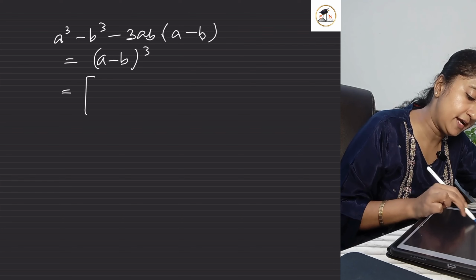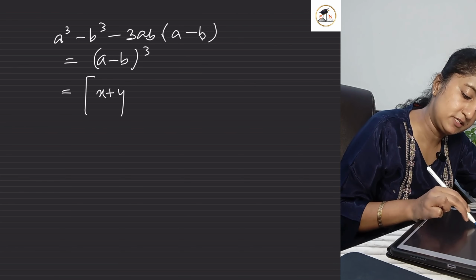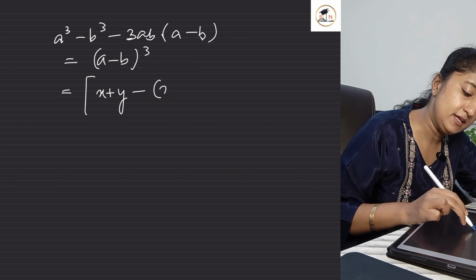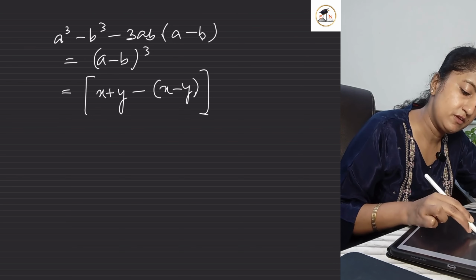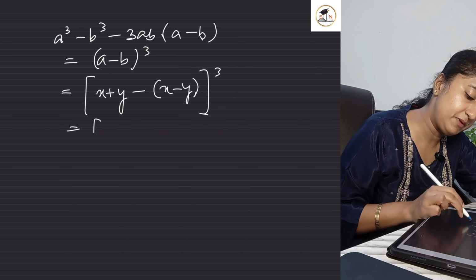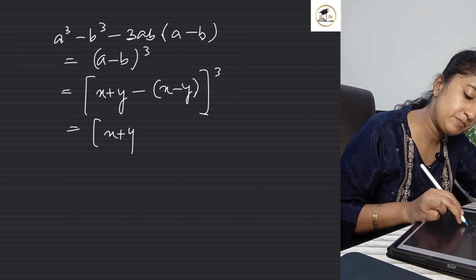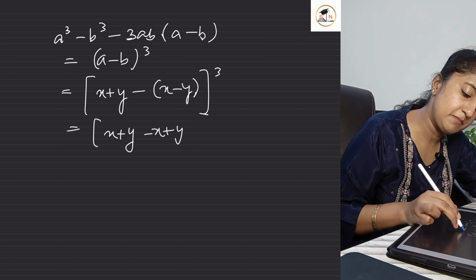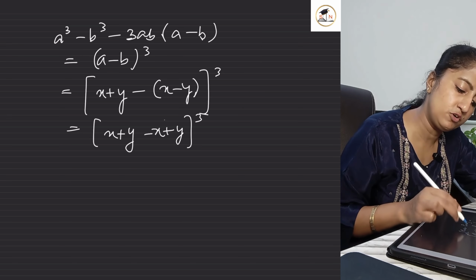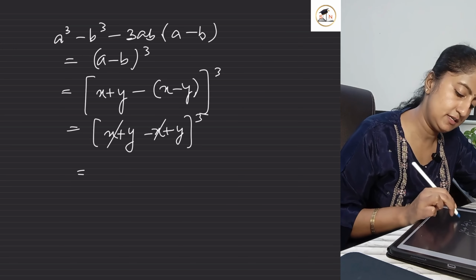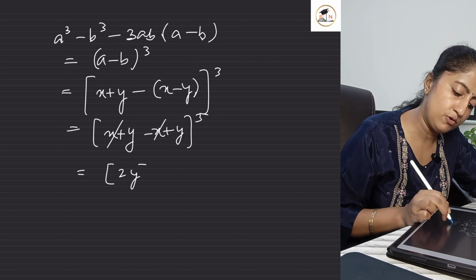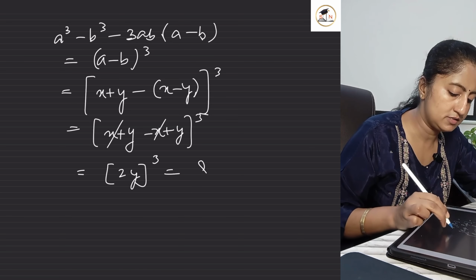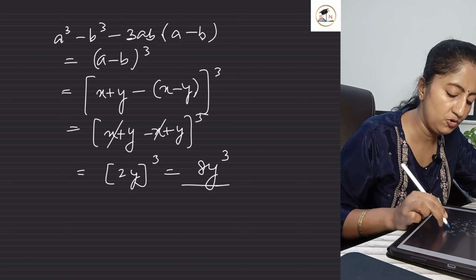So we write what a is, x plus y, what b is, x minus y, whole cube. Now we simplify within the bracket: x plus y minus x plus y, whole cube. x got cancelled, 2y whole cube. The answer is just 8y³.